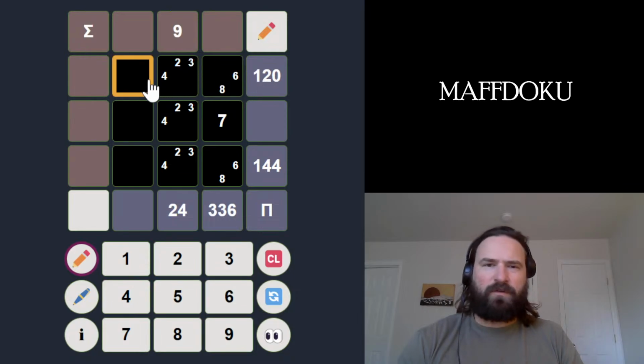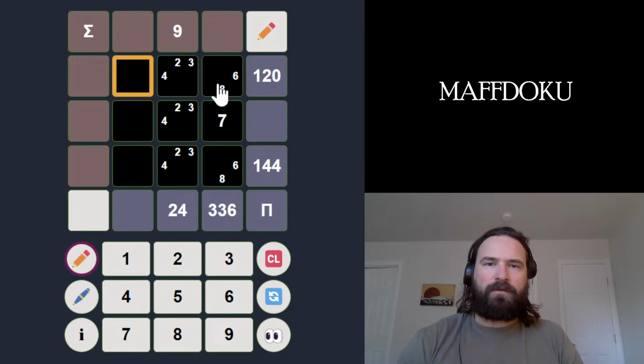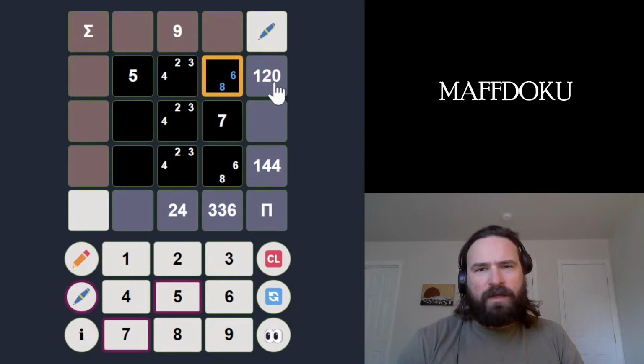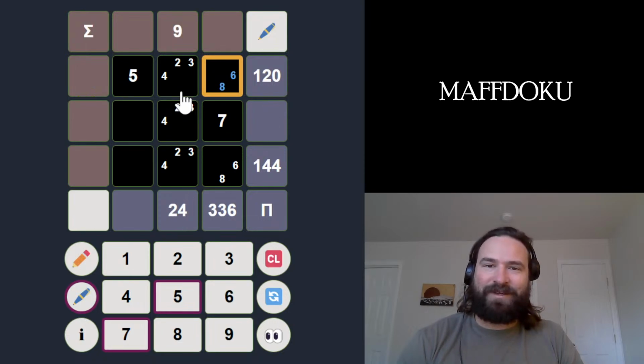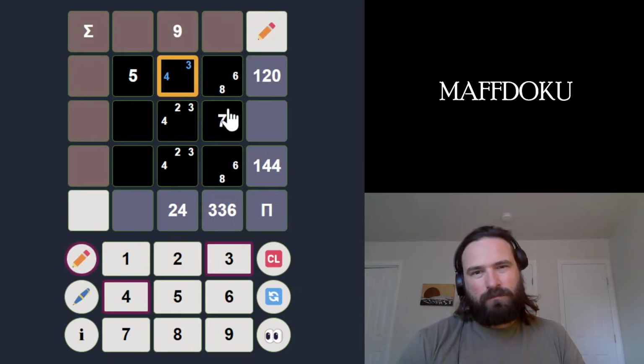Because 5 goes into 120, so you need a 5 as one of these numbers, and neither of these numbers can be it. So this is a 5, which is probably going to narrow down the rest of these numbers. When you divide 120 by 5, you get 24. So we have the same thing here. 24 is either 4 times 6 or 3 times 8. So 2 is out. This can't be a 2.